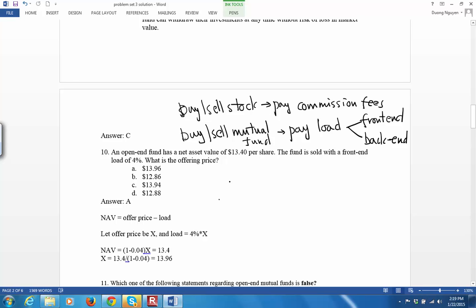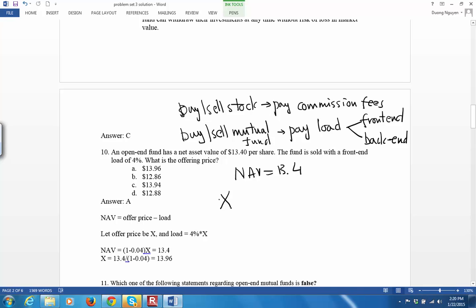Now go back to this question. The fund has a net assets value of 13.4, and the fund is sold with a front end load of 4%. So what is the offering price? The offering price has to be higher than net assets value, because you pay up to 4%, and your net investment is 13.4.